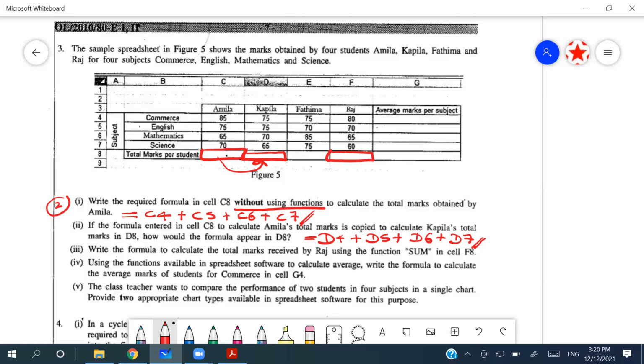So if I ask to create that using the sum function, you have to say equals SUM, brackets open, F4 colon F7. Right? So that's going to be the answer for this third one. So 2 marks for every part that we have told so far.